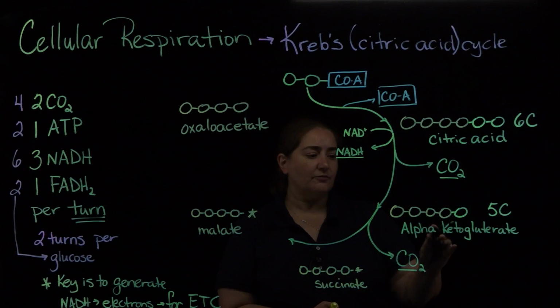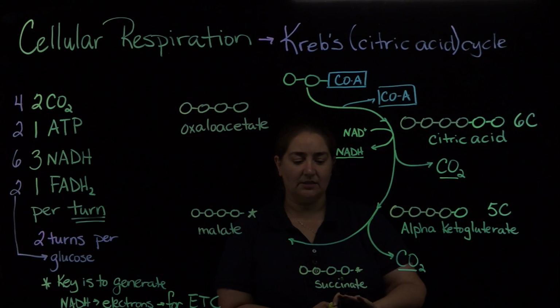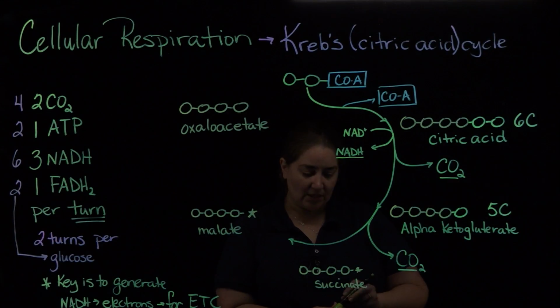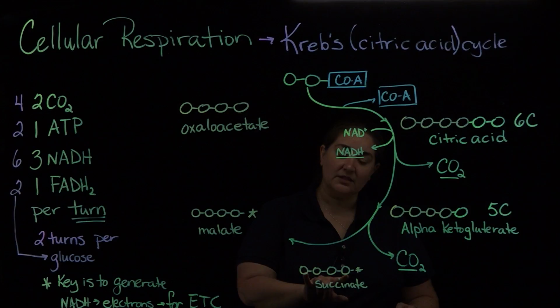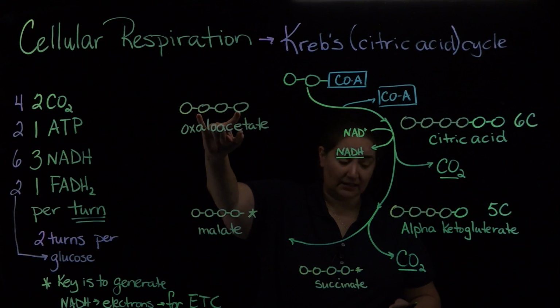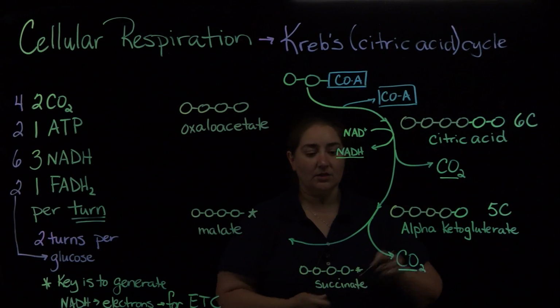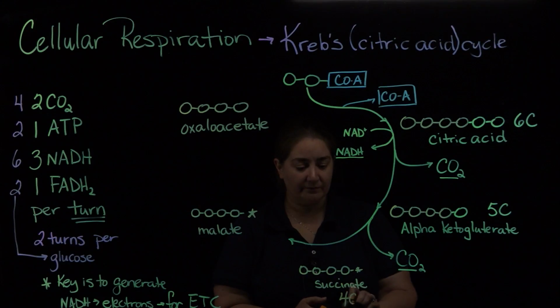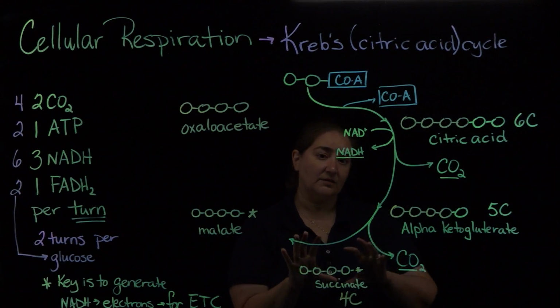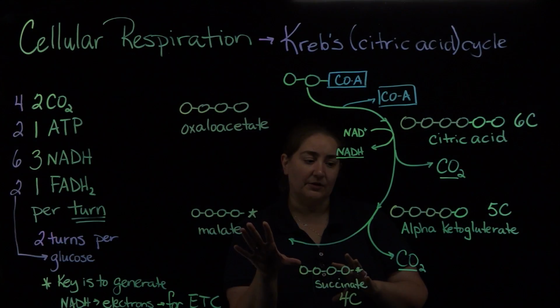And what we generate from alpha-ketoglutarate is going to be succinate, all right? And I've put a little asterisk here next to the 4 carbons so that you can tell the difference between this 4 carbon molecule and this one, okay? So we've got a 4 carbon molecule, but in the succinate we've got some other stuff that we're going to take out of it, okay?